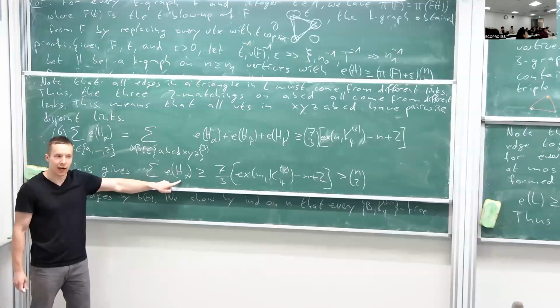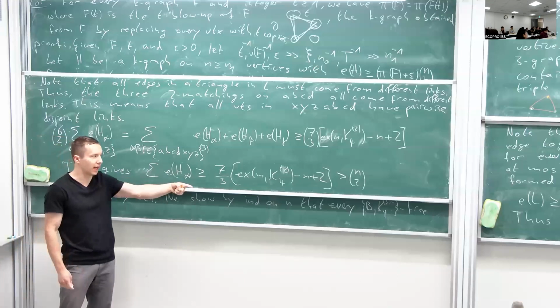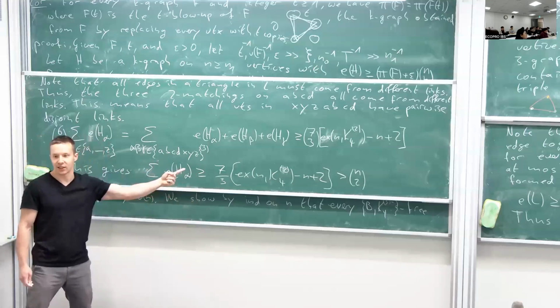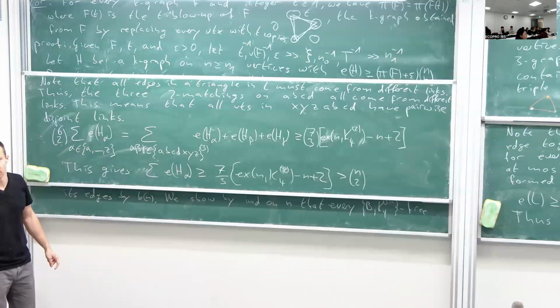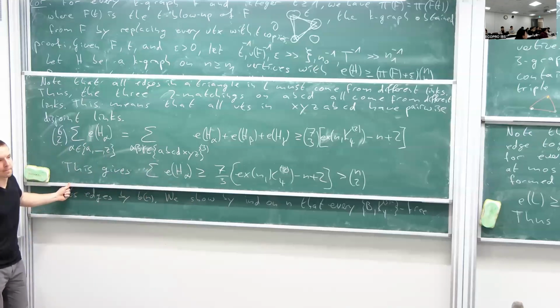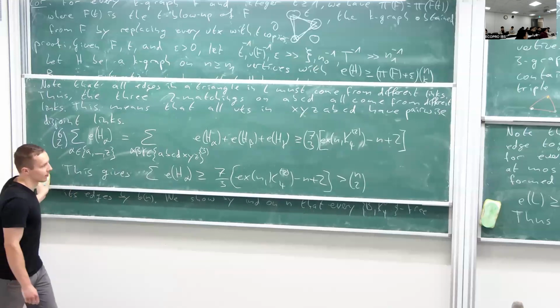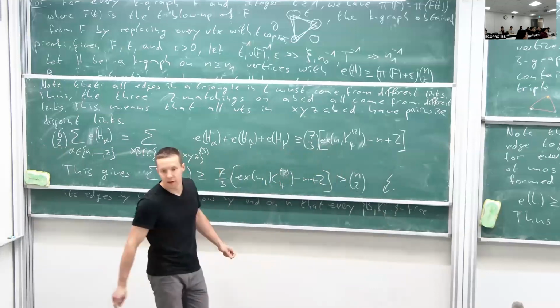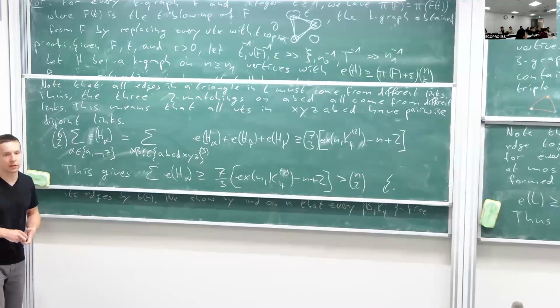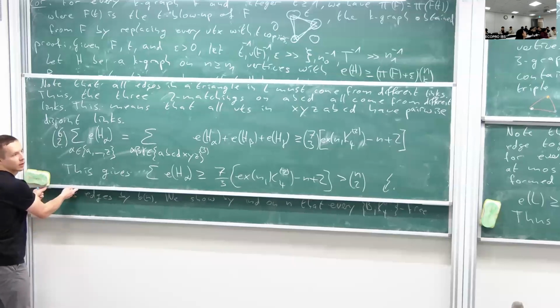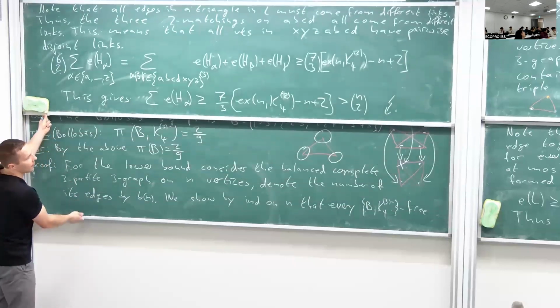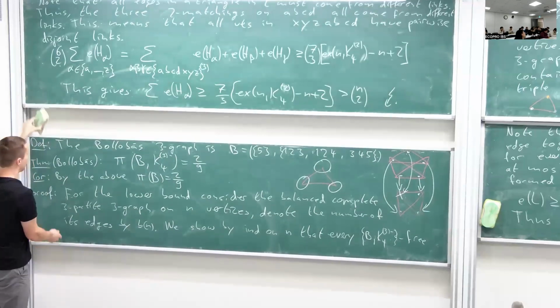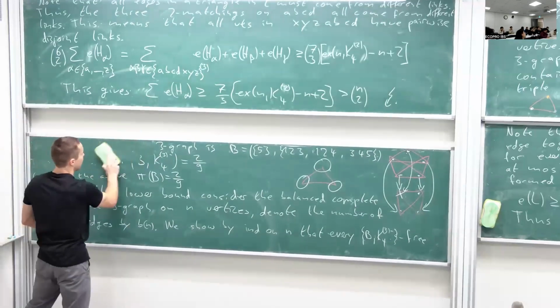Okay, and each edge in the link of these is one of the pairs of on n, so we cannot have more than n choose 2 of those.